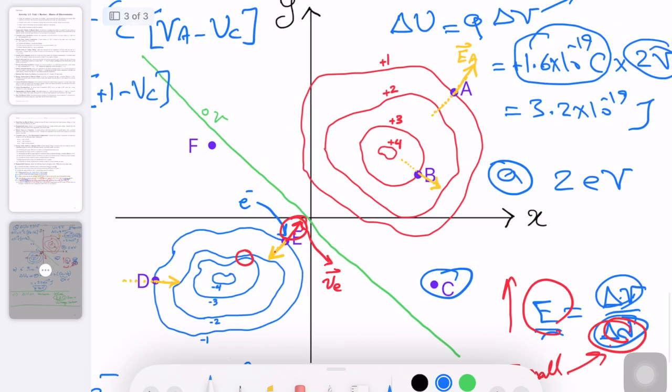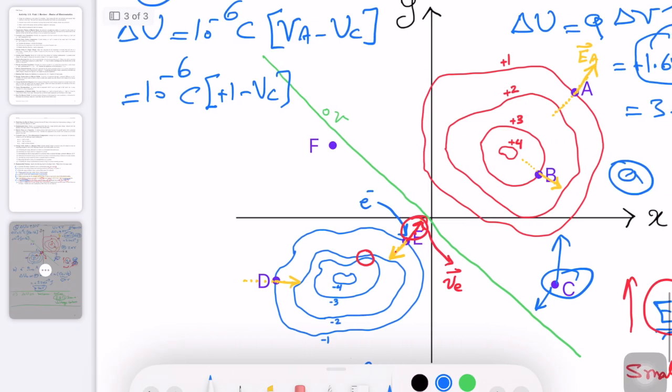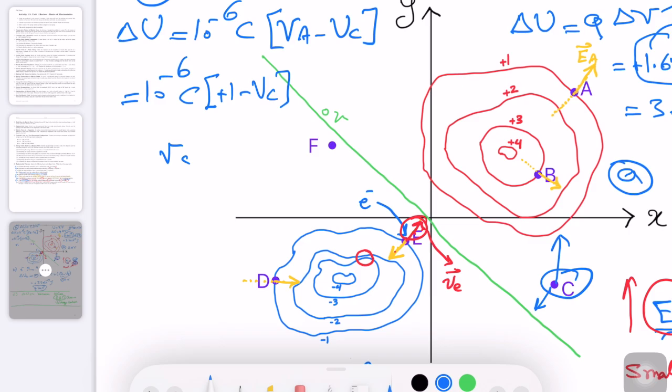Now when you look at VC, you see that it is located between the contour for 0 and the contour for +1 volts, which means that the potential at C must be greater than 0, not equal, because it would have been equal if it was on the green line, and it has to be less than +1 volts.